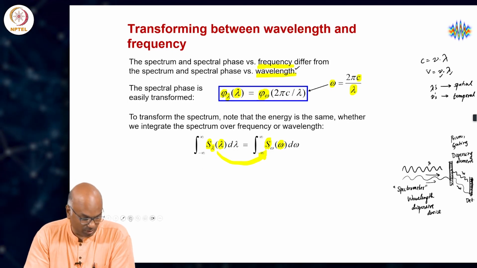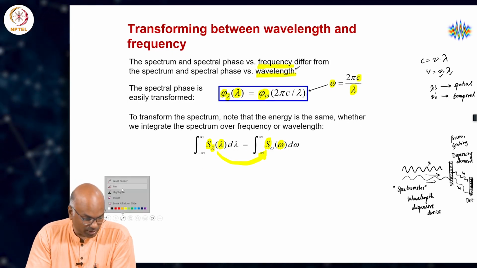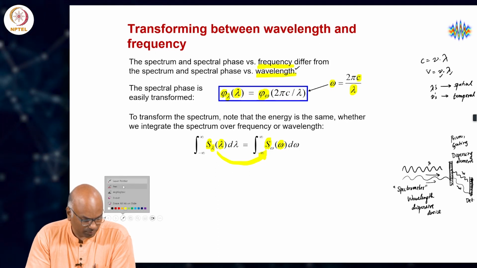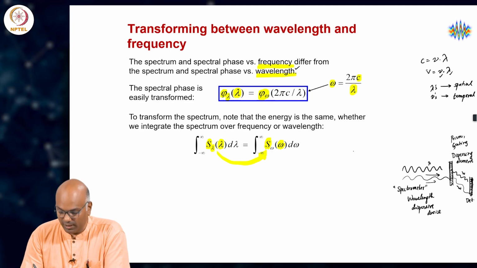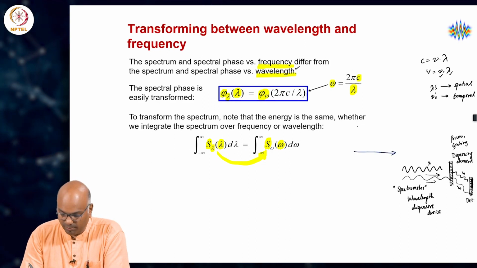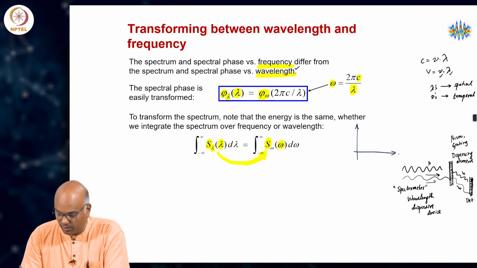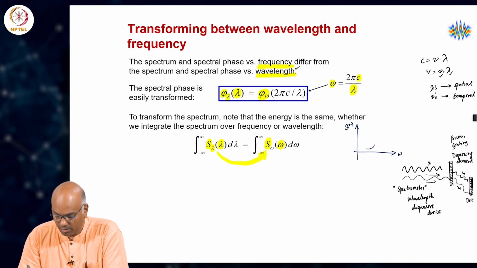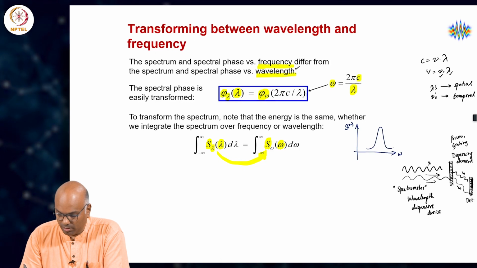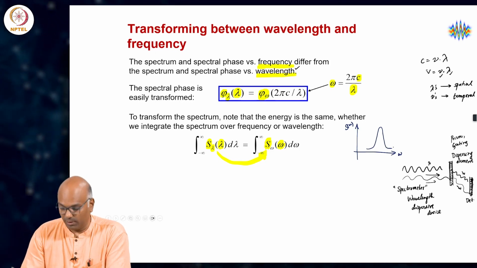The math cannot create or destroy energy. That is all we are trying to make a statement of. So, since the spectrum of the pulse, let us once more think about this with as much care as possible.